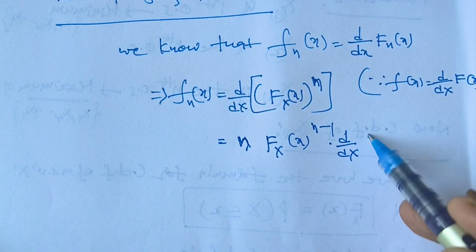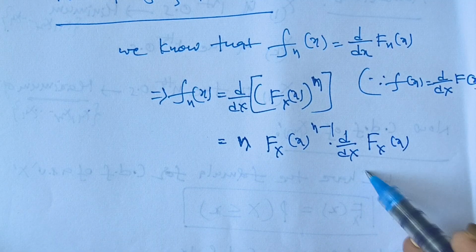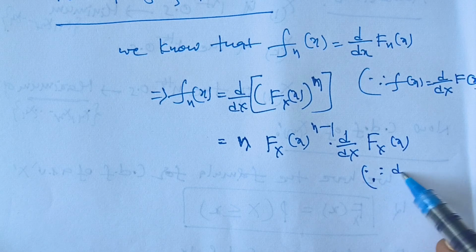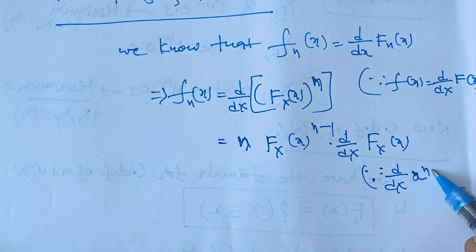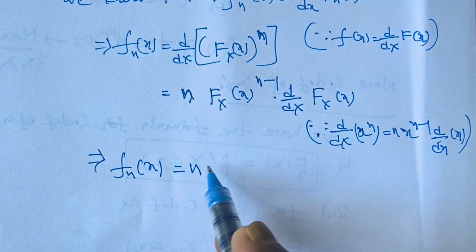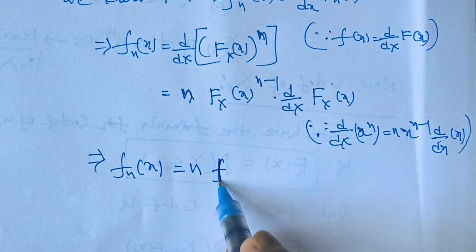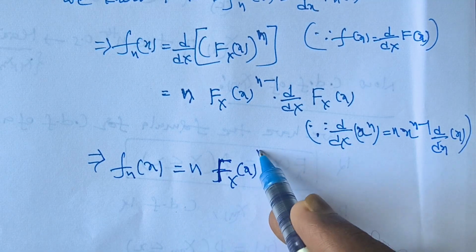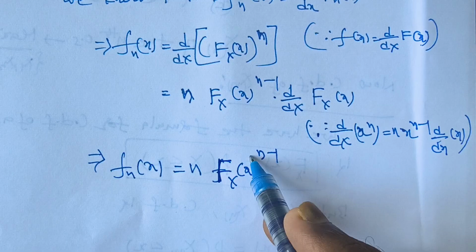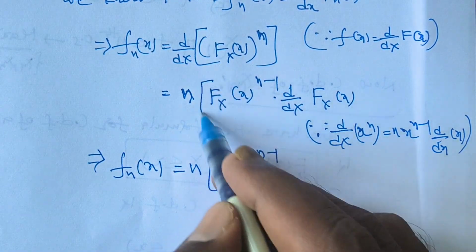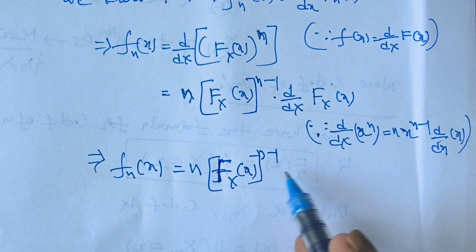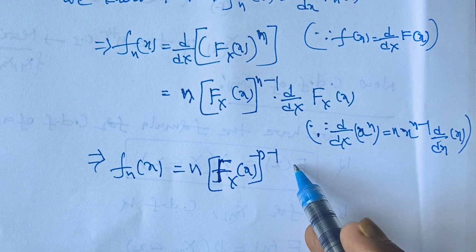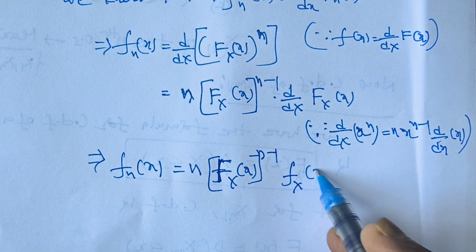So applying the derivative here, n into F suffix X of x power n minus 1 into the derivative of F suffix X of x, by using the formula: what is the derivative of x power n? n into x power n minus 1 into the derivative of x. So f suffix n of x is equal to n into capital F suffix X of x whole power n minus 1, into the derivative of capital F of x, which is always denoted by small f suffix X of small x.